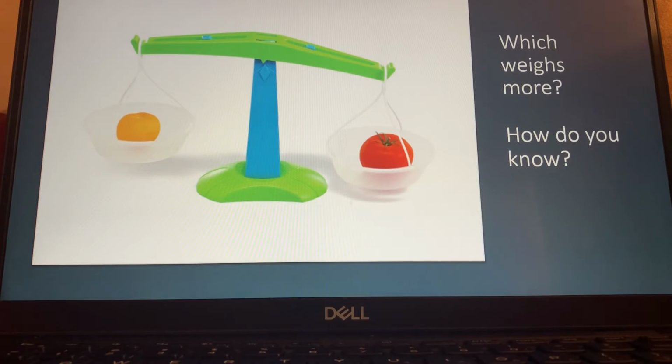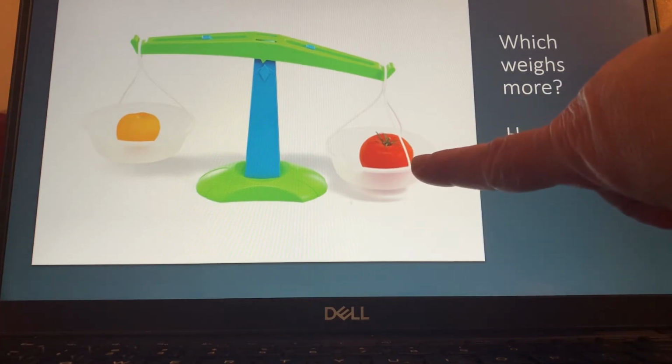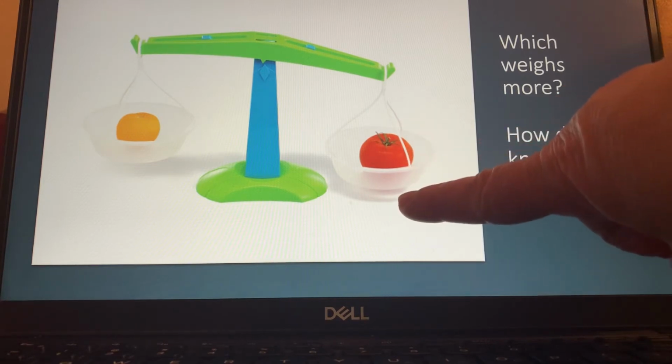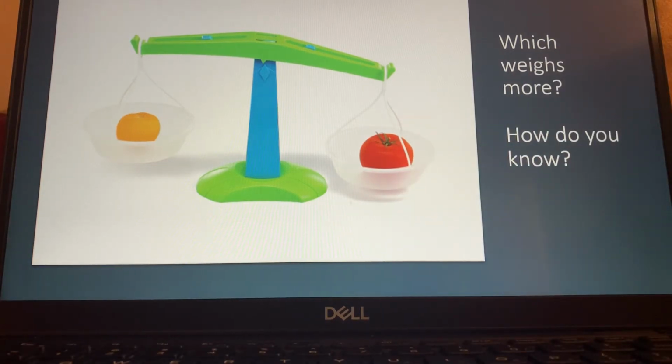Remember from the first picture, the bucket that was closest to the table had the heavier object. So in this picture, we have two white bowls on the balance scale. You can see that the bucket with the red tomato is closer to the table. That tells us that the red tomato is heavier than the yellow tomato. That also means the yellow tomato is lighter than the red tomato.